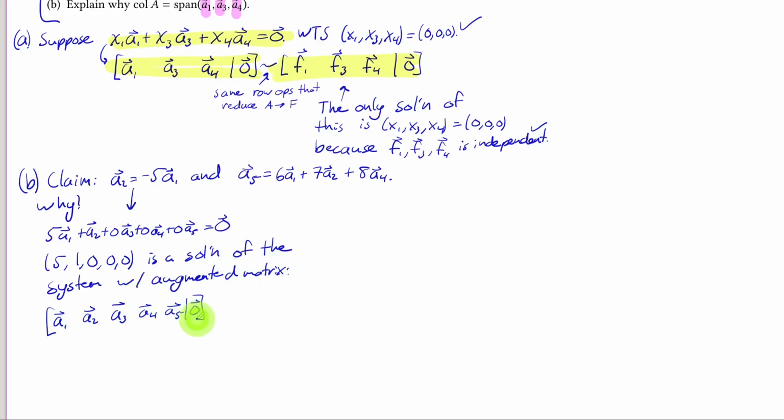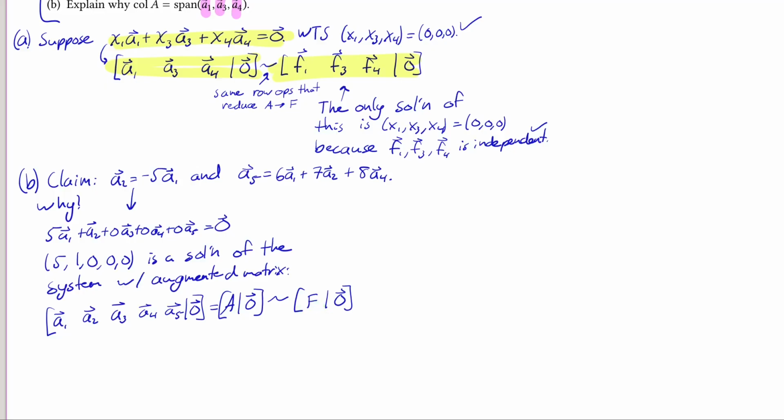like so. And that system, because this is basically just A augmented with 0, is equivalent, like we just did here, to F augmented with 0. And so 5, 1, 0, 0, 0 is also a solution of this system, which is what we already know.